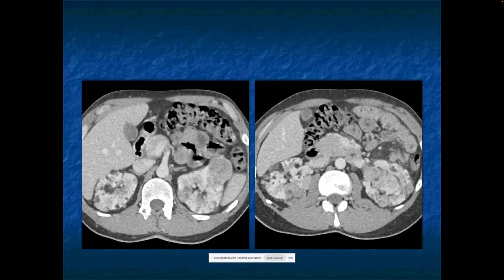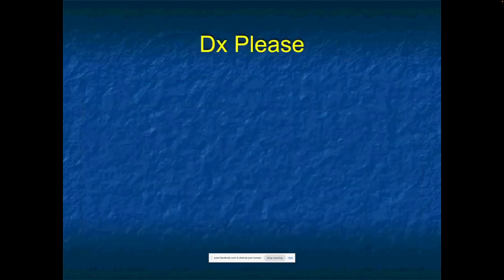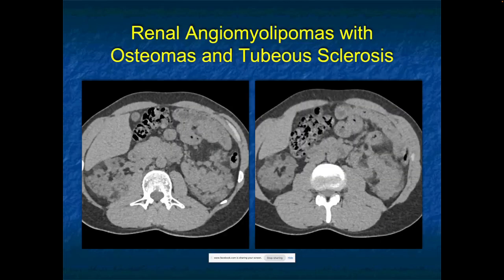And when you have multiple fatty tumors, multiple myelolipomas, you have to think of a syndrome, which is tuberous sclerosis. Another thing that can be helpful in making the diagnosis is tuberous sclerosis has bony osteomas. And so if you look at the S1, S2 level, you can see a sclerotic lesion. That's an osteoma. And this was multiple angiomyolipomas with osteomas in a patient with tuberous sclerosis.